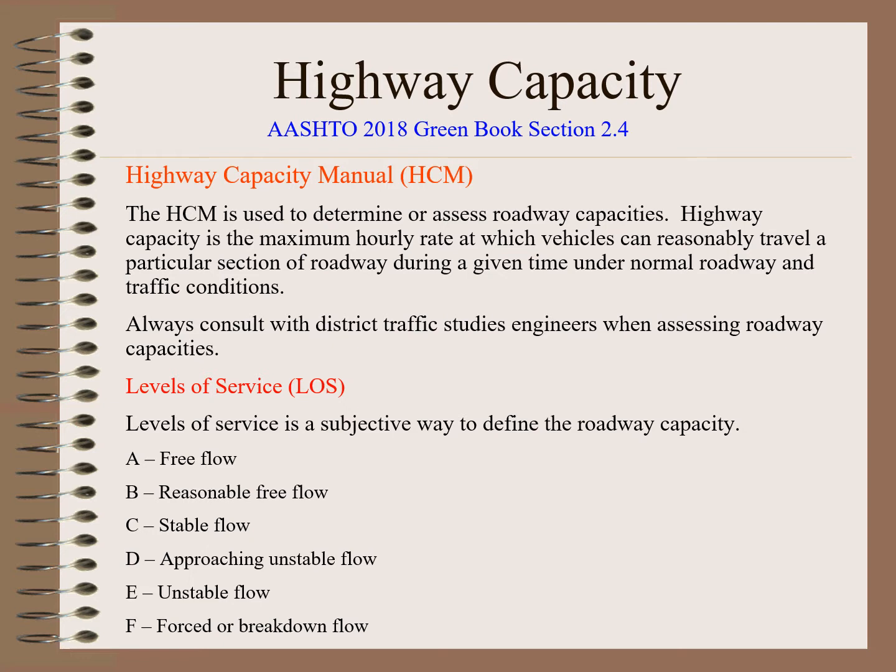Then level of service E is unstable flow. That is the stop and go, stop and go, stop and go that you find during rush hour in an urban area. It is unstable. We don't have a steady flow. And finally, you have forced or breakdown flow. That is simply the traffic has come to a stop and there's nothing you can do about it, and you may be there for a while. That is level of service F.